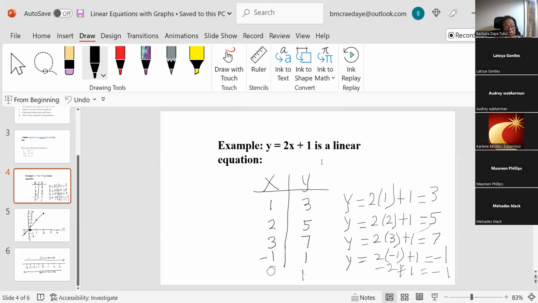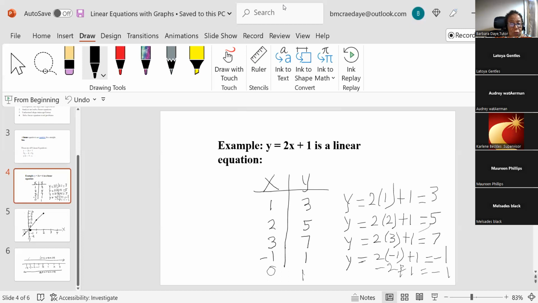We'll do some more tables and graphs and actual expressions verbally that you'll translate to a linear equation. That's what's coming up next time. But right now we want to get into our quiz.